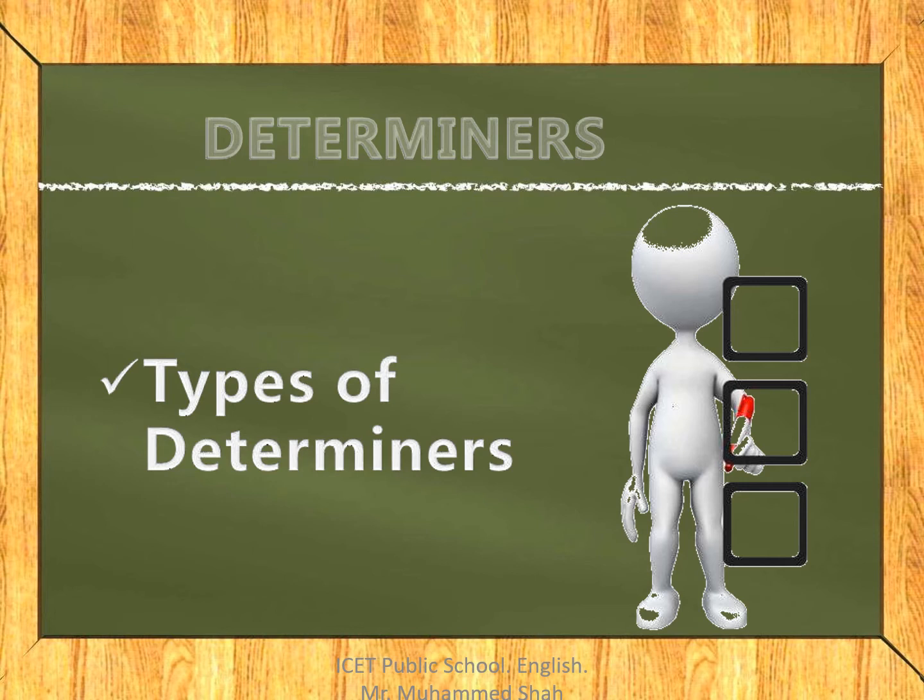Determiners are words in English that determine a noun. You got it? Determiners are words that determine a noun. In a simple way, you can identify a noun by determiners, or in other words, determiners are words that give more meaning to a noun.